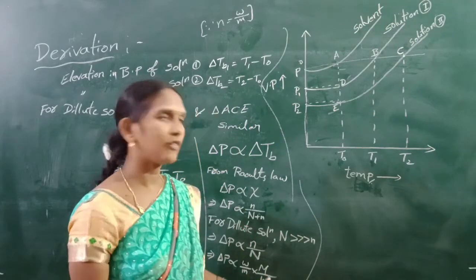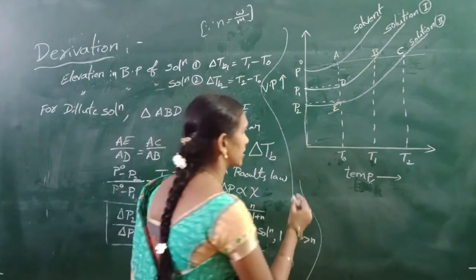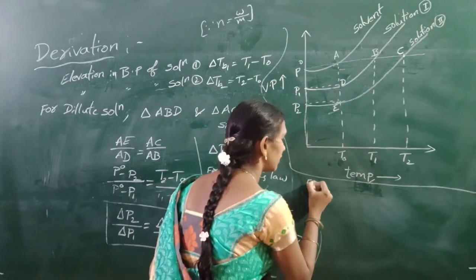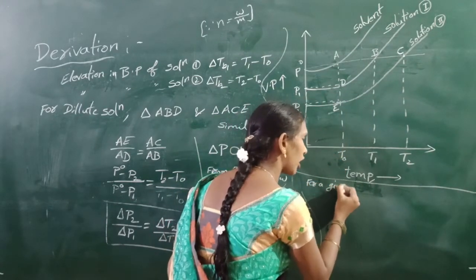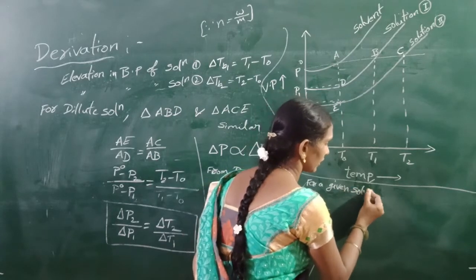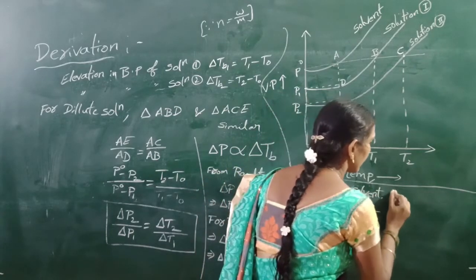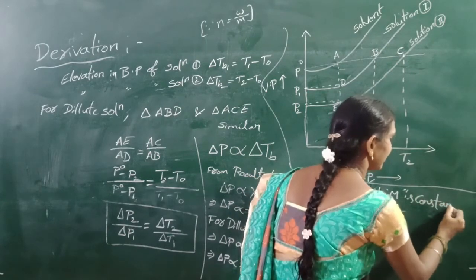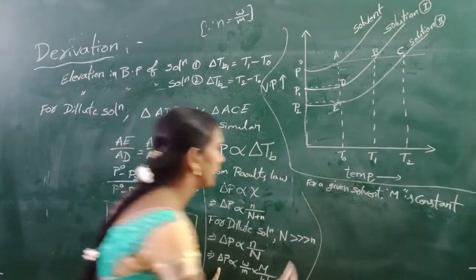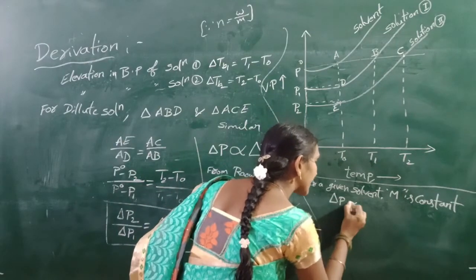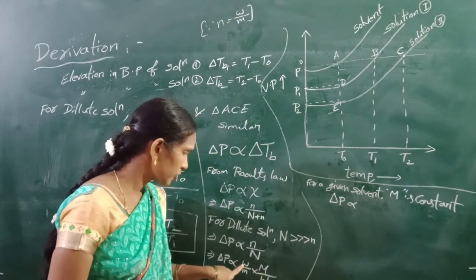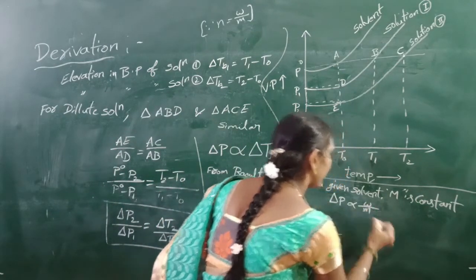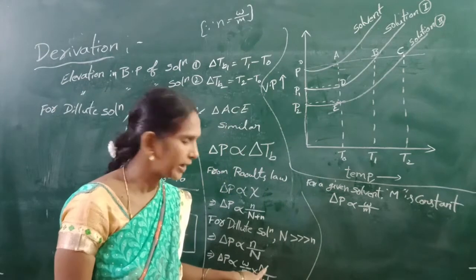For a given solvent, capital M is constant. That means delta P is directly proportional to small w by small m into capital W, since capital M is constant and so neglected.